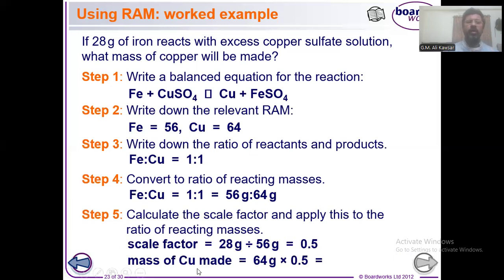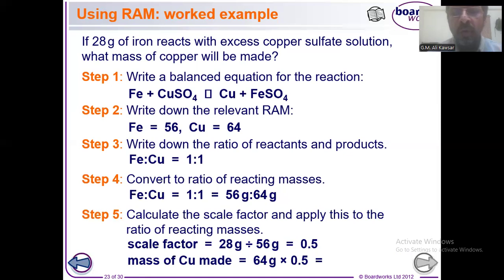So if we divide 28 by 56, you will get the mole of iron, which is 0.5. According to the ratio, it should be 1:1, iron is to copper. As iron is 0.5, so copper should be 0.5 as well.